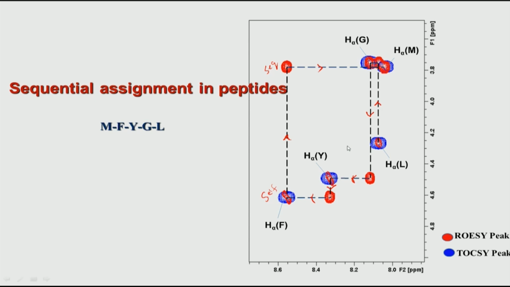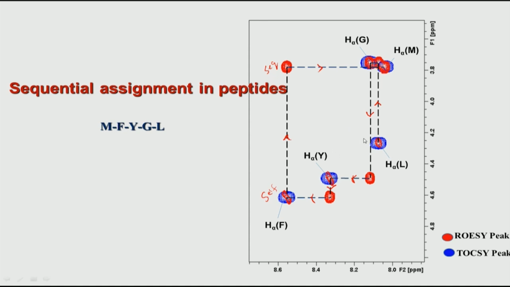For each of the 20 amino acids, this is done systematically by taking tripeptides GXG, where X is the amino acid we are interested in, and these values are stored in databases. There are several databases where you can find the random coil values of each amino acid.